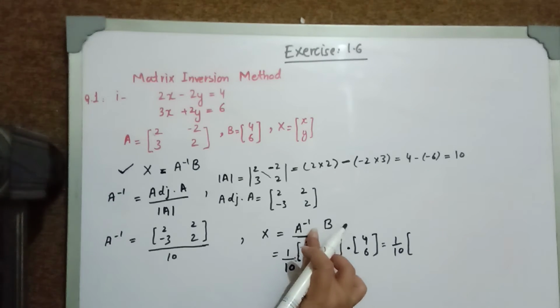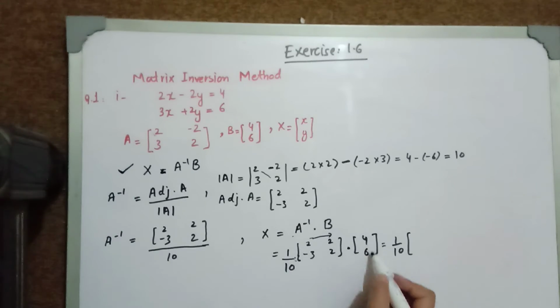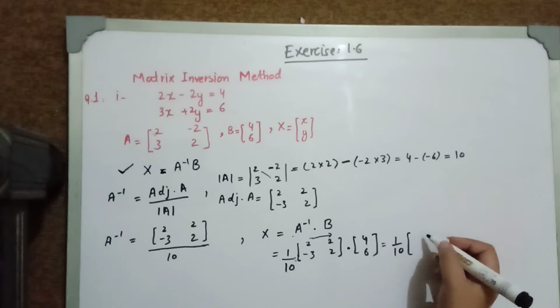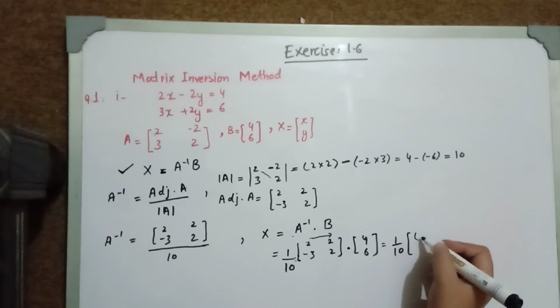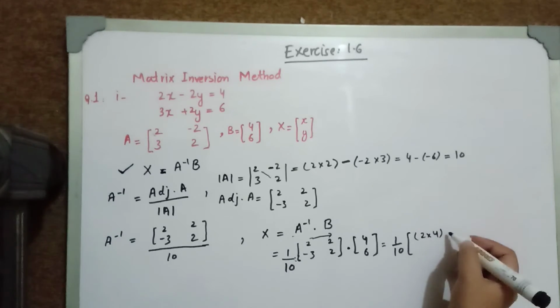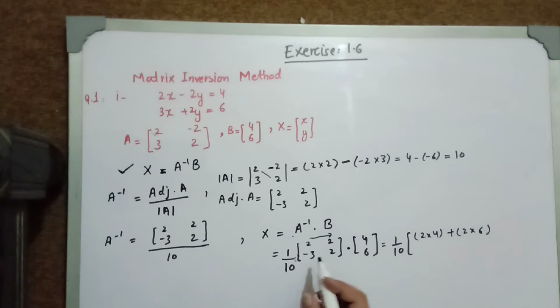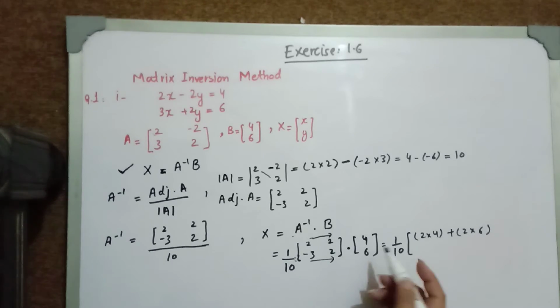Firstly, we are going to multiply this row with this column, right? 2 into 4, plus 2 into 6. As we have only one column here, we multiply this first row with this column. In the next step we will multiply this second row with this column.